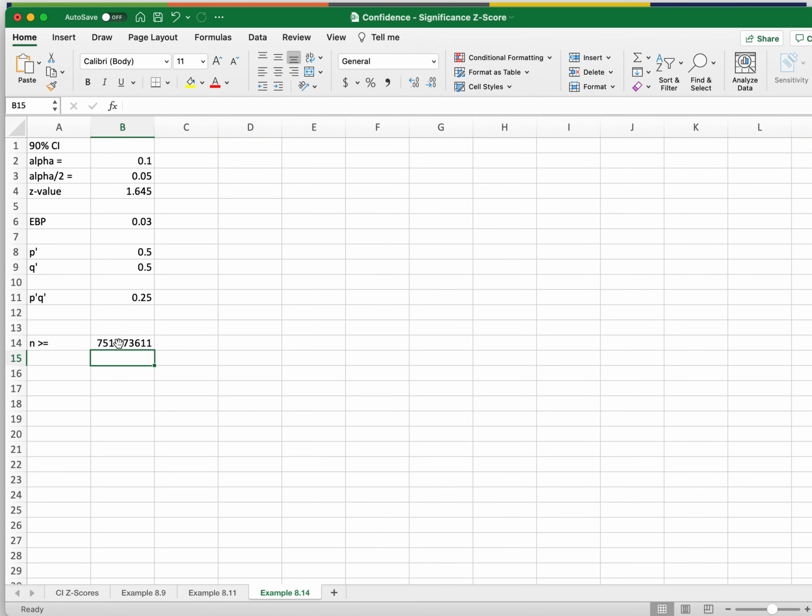And we're going to get 751 as our sample size. So it has to be greater than that. So it has to be 752 is the answer to this.